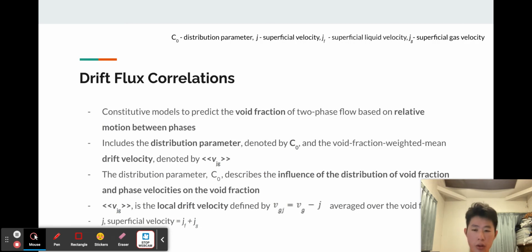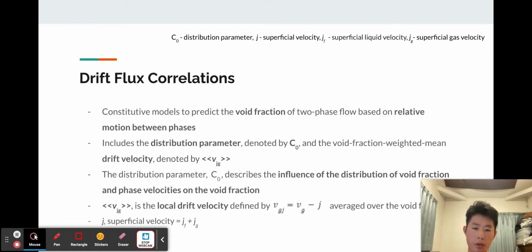So the correlations that were used are called drift flux correlations, and basically they are constitutive models to predict the void fraction based on relative motion between phases, and it includes two important terms: the distribution parameter, denoted by C0, and the void fraction weighted mean drift velocity, denoted by double brackets VGj.